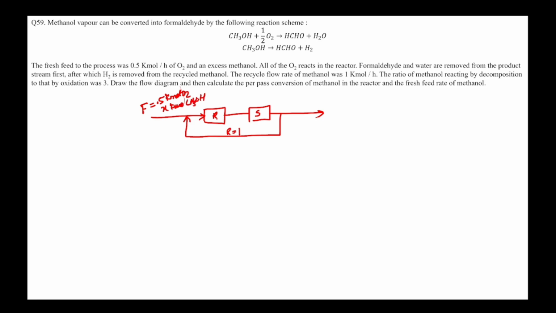This is the recycle and this is the reactor. And this is HCHO, H2O and H2.